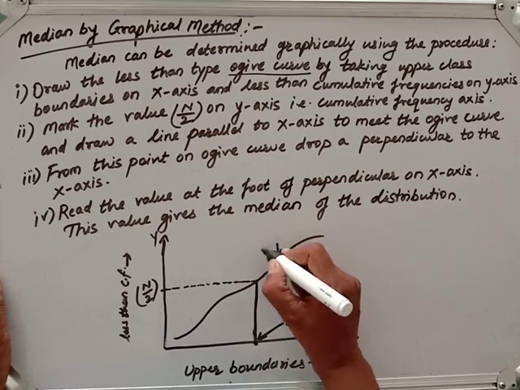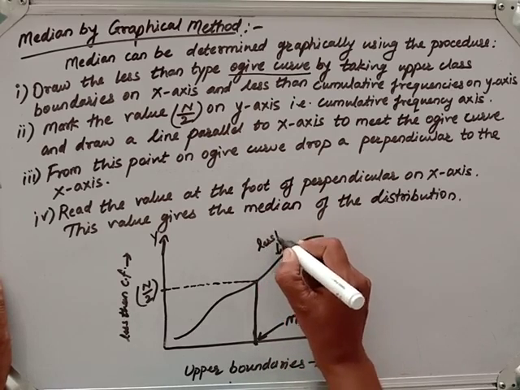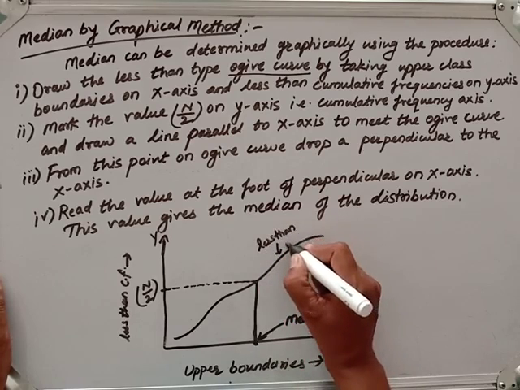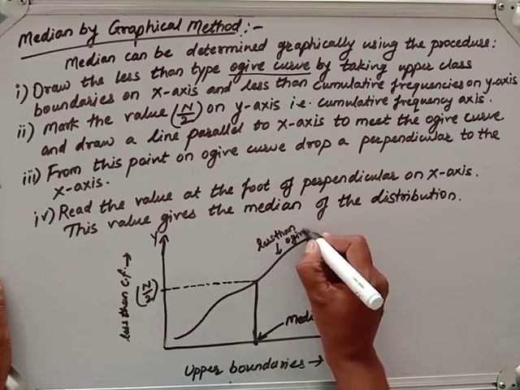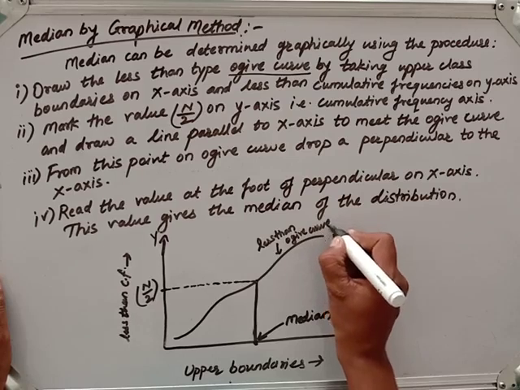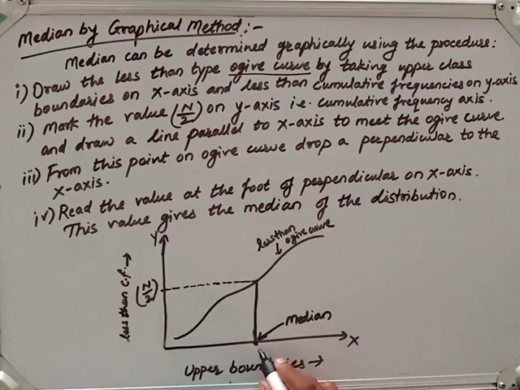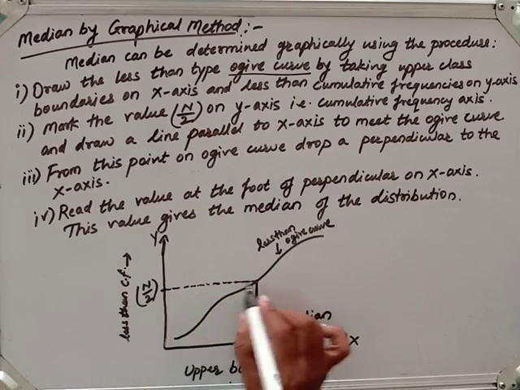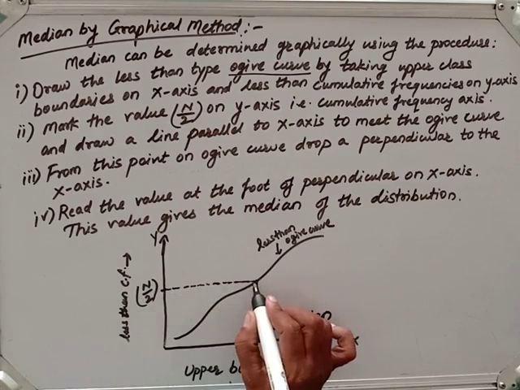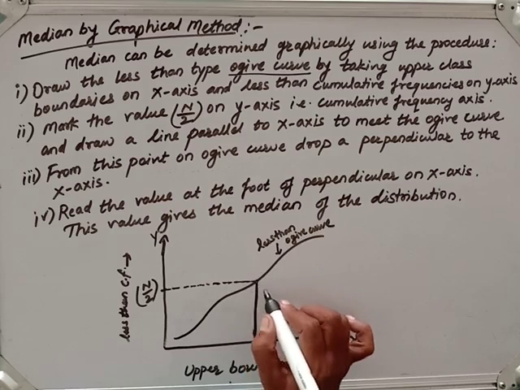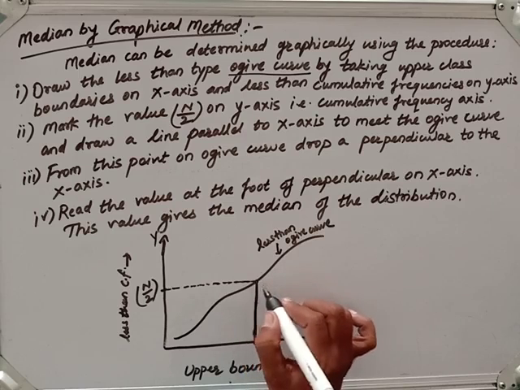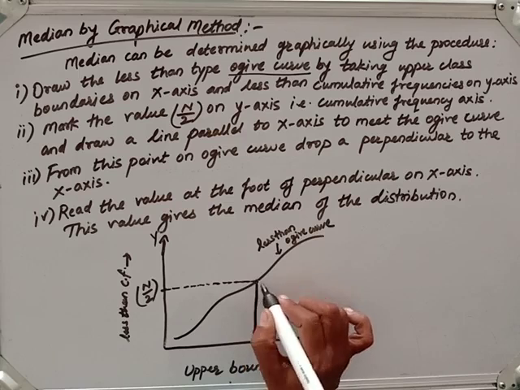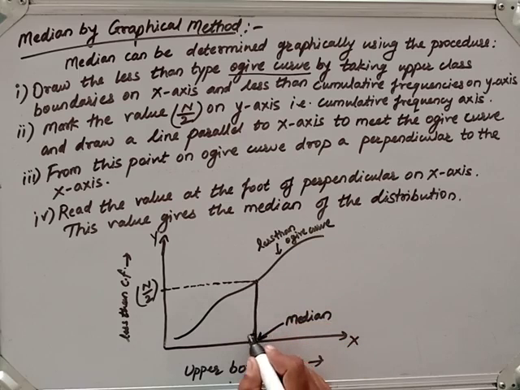This is the less than ogive curve. So from that we get this is our median here. Here this is n by 2. From n by 2 draw a line parallel to x-axis, and from that intersection point with the ogive curve draw a perpendicular here.